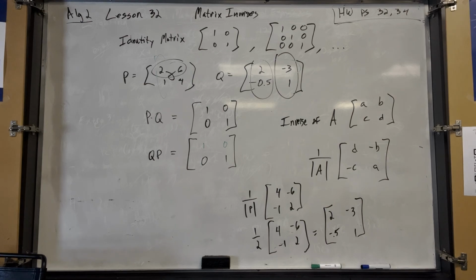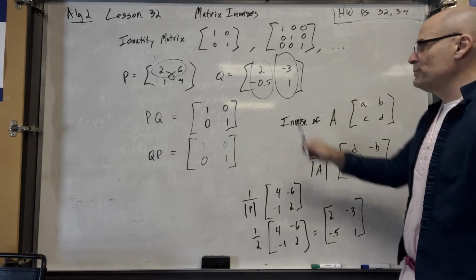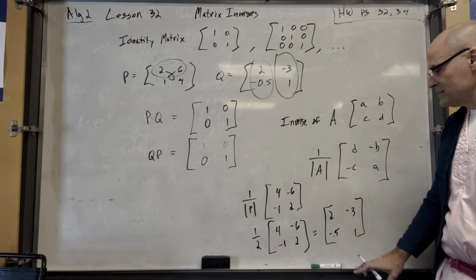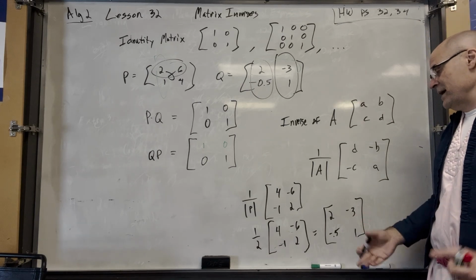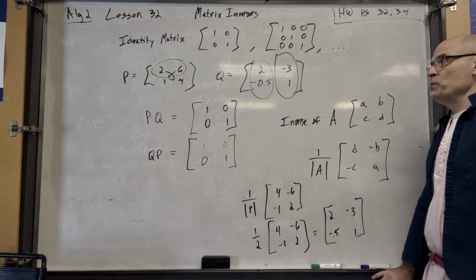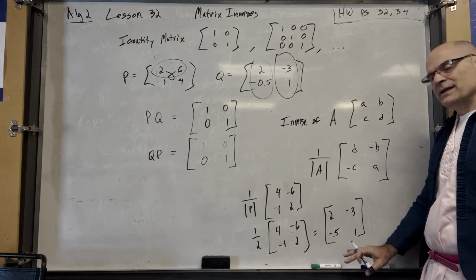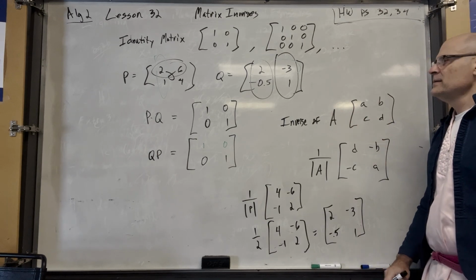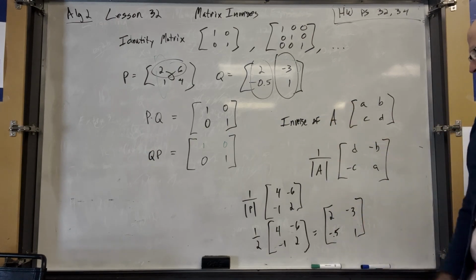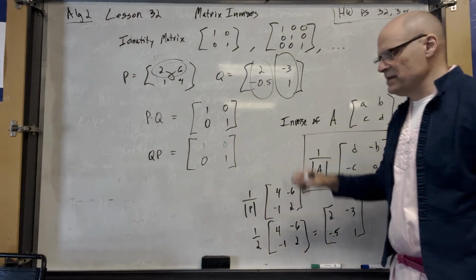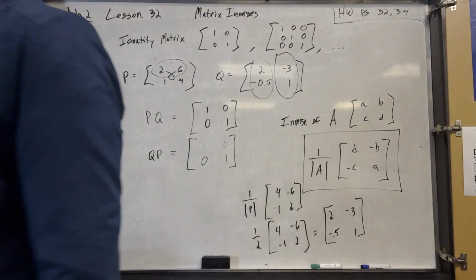Why? Because when you multiply it out, you get that. And you don't have to understand why, other than if you want to think backwards on how we multiplied all that out, then it kind of makes sense a little bit. But for now, let's just write this down. This is what you need to write down. To find the inverse of any matrix, that's what you do.